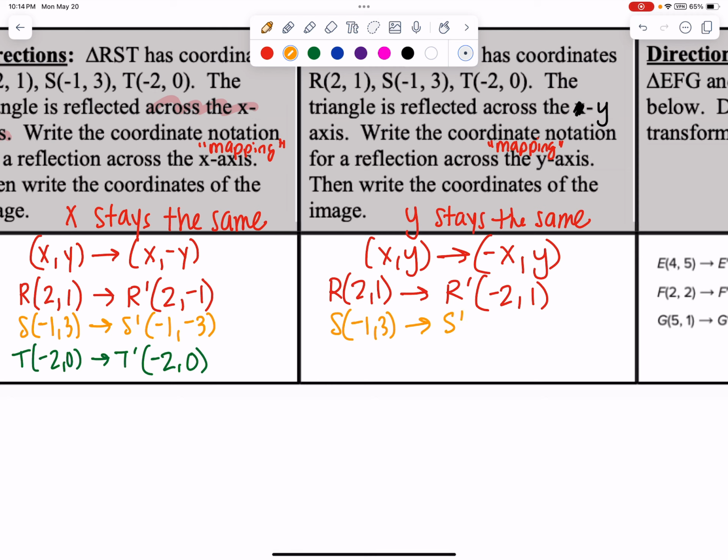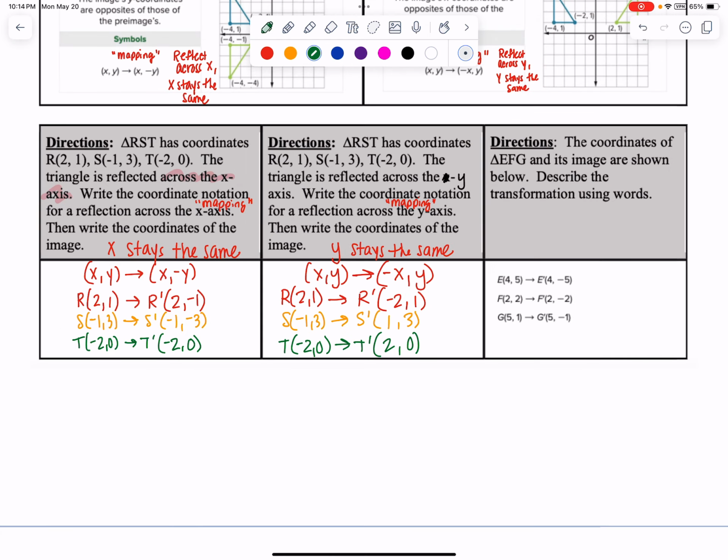So s prime, I know the y stays the same, and the x changes its sign, so it's now positive. And the last one we have is t. T is negative 2, 0. So what's t prime? Well, reflect across the y, y stays the same. And so we have y staying the same at 0, x changes its sign, so we have positive 2. So there we go, that's how you do it.